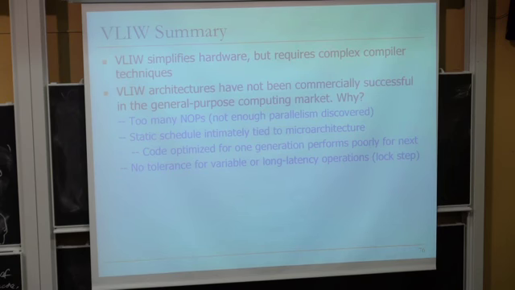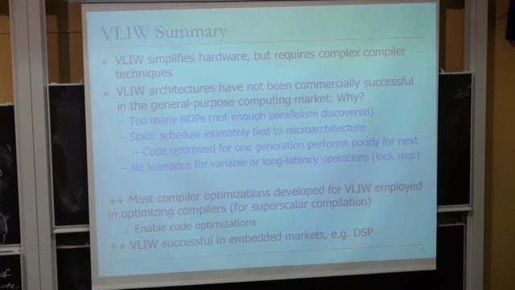And again, we go back to the fundamentals that we discussed earlier: how can the compiler figure out whether a load will be a cache miss or a cache hit? Very difficult. The good thing is most compiler optimizations developed for VLIW are actually employed in optimizing compilers today to enhance performance for superscalar machines or any other machines. They enable a lot of code optimizations. And this was one of your exam questions also, right?